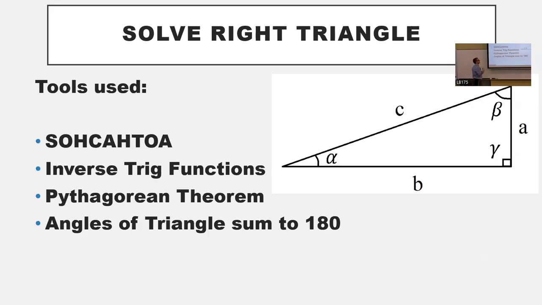When we had a right triangle, we used SOHCAHTOA. We use the inverse trig functions on our calculator and the trig functions on our calculator. We use the Pythagorean theorem, a squared plus b squared equals c squared. And we use the fact that the angles of a triangle have to add up to 180 degrees.